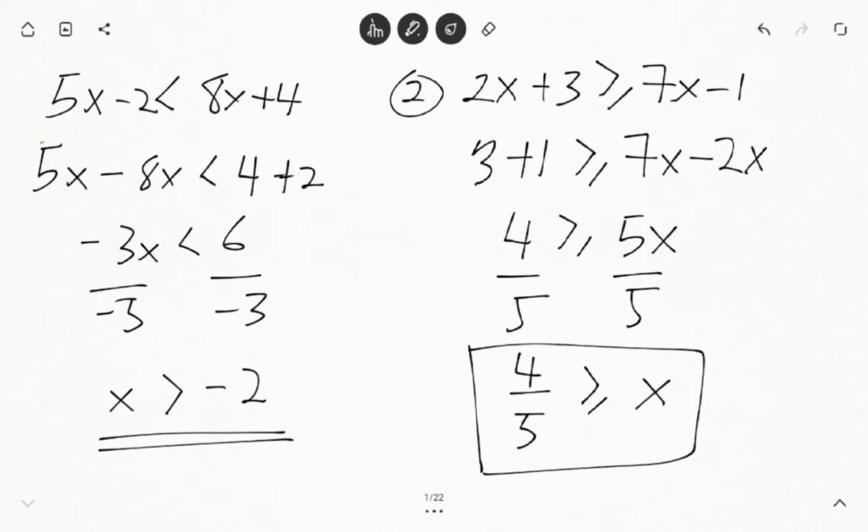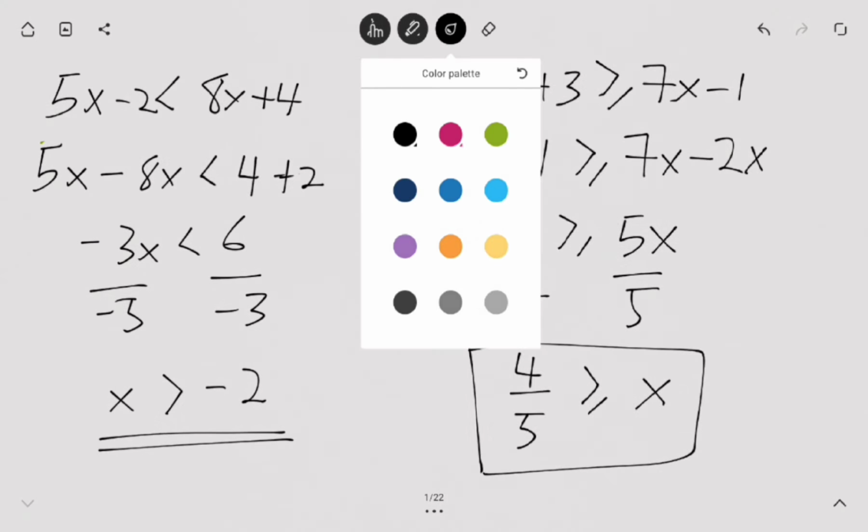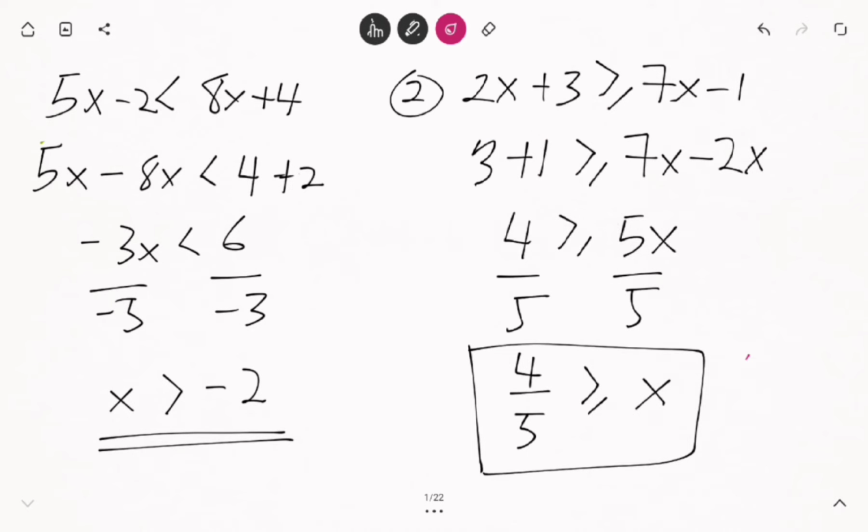But if you want to write the x first, let me use another color. If I want to write my x first, I need to write my x, and then I make sure that the sign is facing the number that it's facing. So if I have 4 over 5 over here, you can see that the sign is facing 4 over 5.